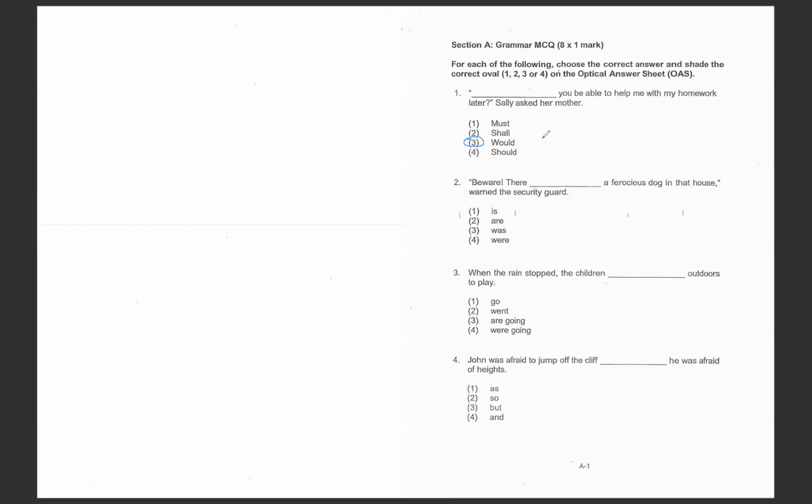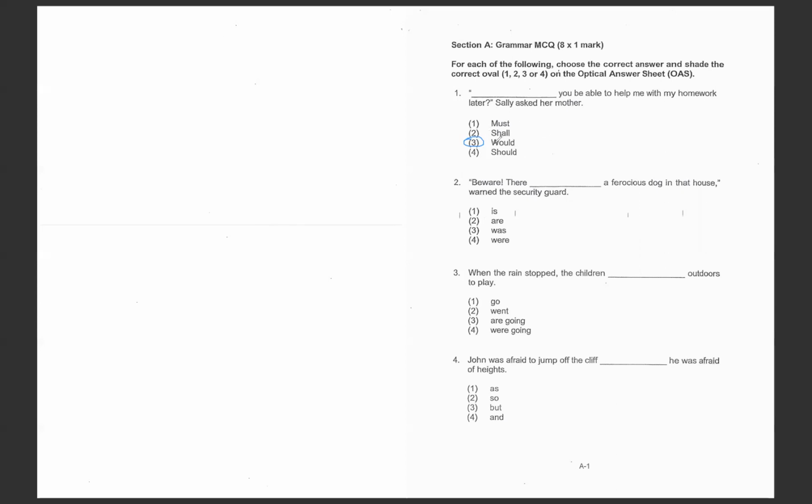Normally you use should you if there is a criteria that you have put on the mother. So if you say, should you not help me with my homework, I will not eat your food later. But there is no criteria here that Sally has put onto her mother. So should is out.